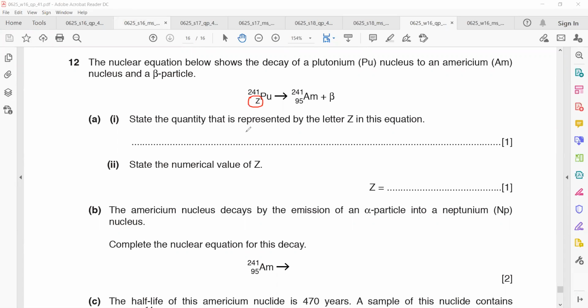Which quantity do we represent with this number? It is called the atomic number or proton number. Z is the proton number.